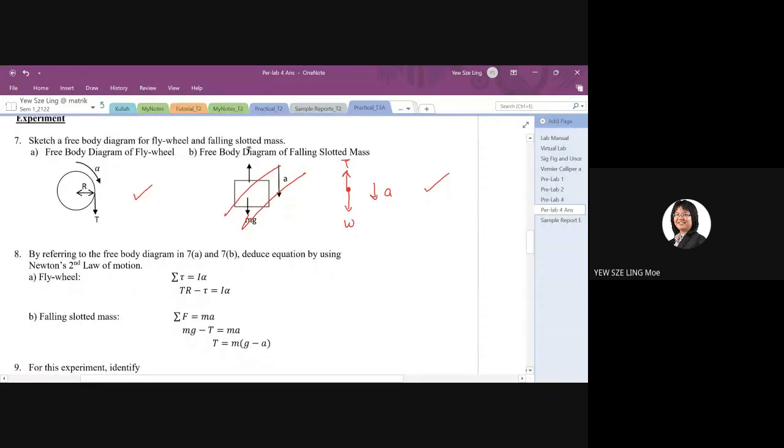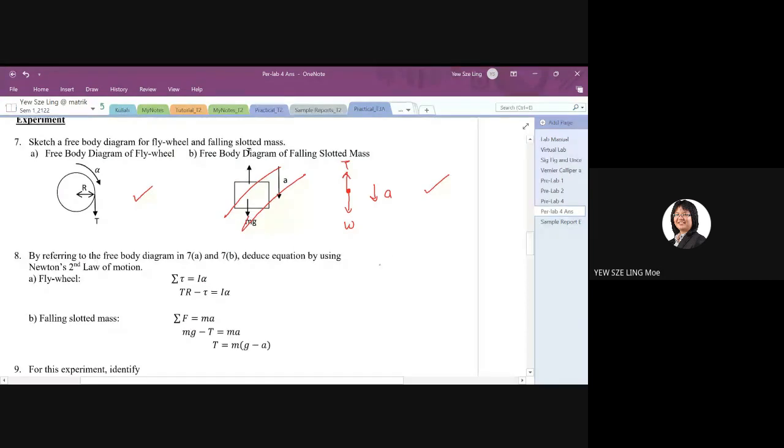By referring to the free body diagrams in 7a and 7b, deduce equations by using Newton's second law of motion. If you look at the diagram in 7a, your object is rotating. When it's rotating, we apply Newton's second law. Newton's second law for a rotational body is the summation of torque equals I alpha.